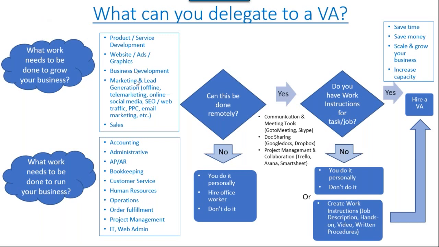You look at the first part, which is lead generating and marketing activities, whether it's the initial phases of actually developing a product or service that you're going to offer to people, putting together a website, ads and graphics, business development, and then the marketing and lead generation activities, such as offline marketing or telemarketing activities, or online marketing activities such as LinkedIn, social media, Facebook ads, SEO, which is for web traffic, getting people to actually visit your website to purchase your product or services, pay-per-click campaigns, email marketing campaigns, or generally speaking, sales and sales calls activities.